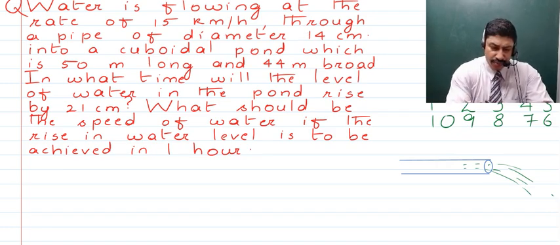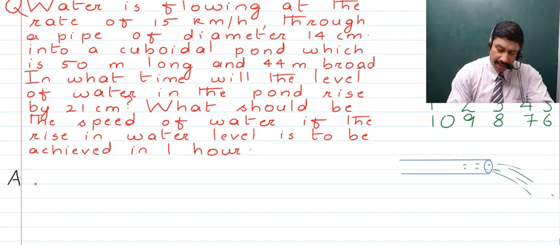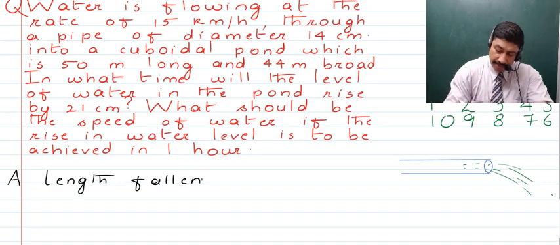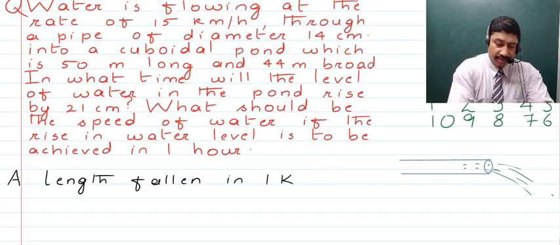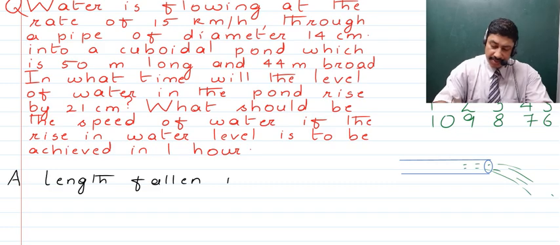So children, further after this we will be talking about the length fallen in 1 hour. Length fallen, right? We will just talk about that, and now we will convert it.